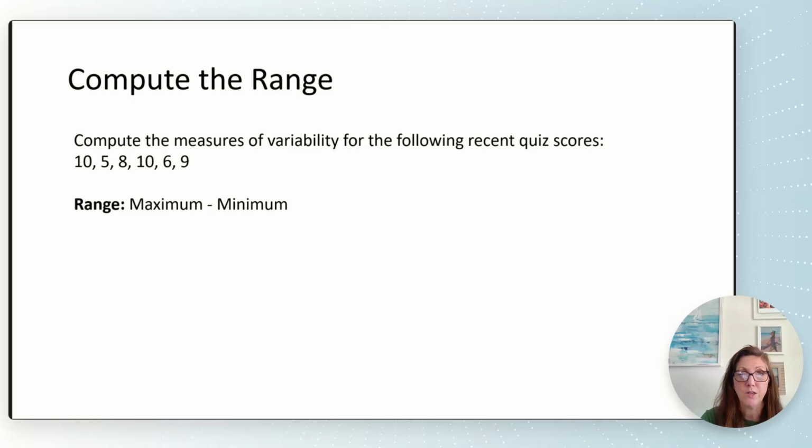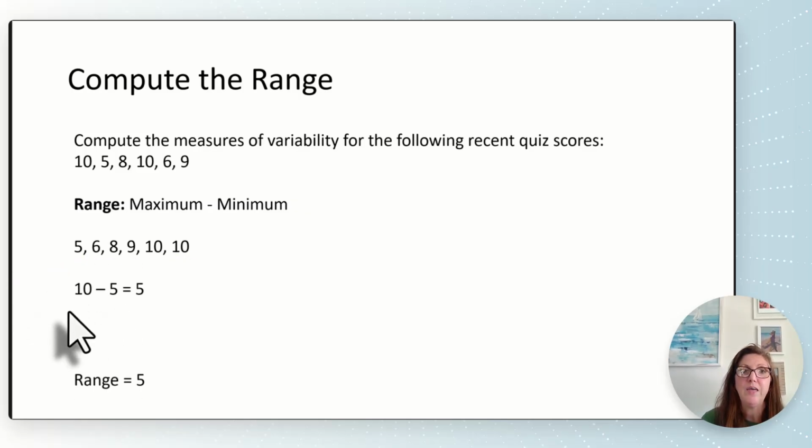The range is the maximum or the highest score minus the minimum or the lowest score. Typically we want to put our scores in order to identify the maximum and the minimum. We could do it in descending or ascending order, but we have it in order from lowest to highest in this case. So we can see we have 10 as our highest score and 5 as our lowest score, so it's 10 minus 5, and our range in this case is 5.